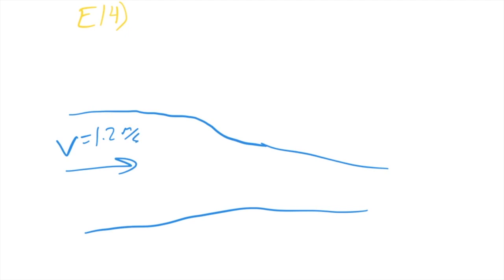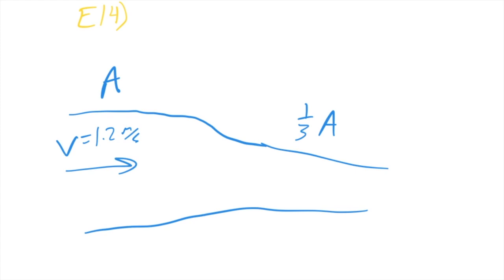And the area narrows to 1/3. So if it was initially area of A, it ends with an area of 1/3 A. What is the speed of the water in the narrowed portion?